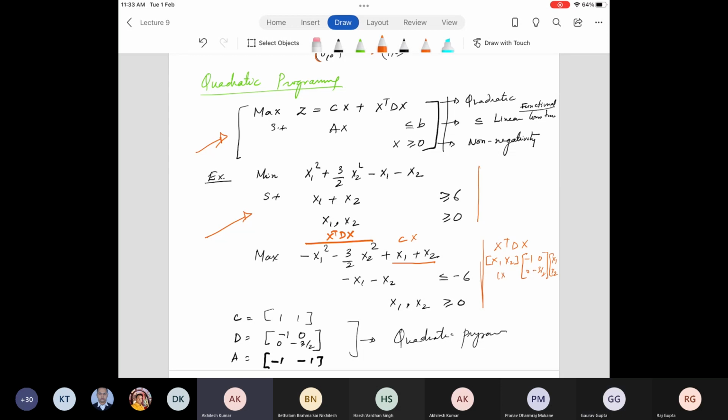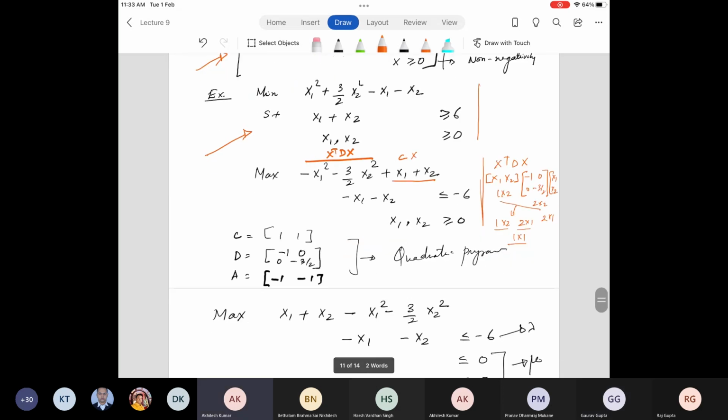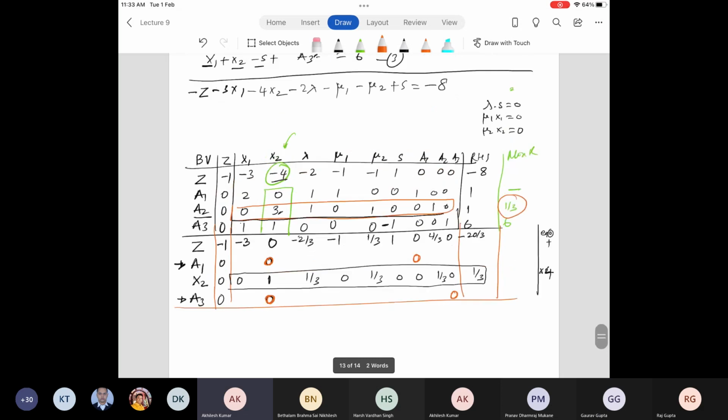This is 1 cross 2, this is 2 cross 2, and this is 2 cross 1. So 1 cross 2 into 2 cross 2 will give you 1 cross 2, and then 2 cross 1. 1 cross 2 into 2 cross 1 will give you 1 cross 1. That is your minus x1 square minus 3 by 2 x2 square. Okay, fine, sir. Got it. Thank you, sir. So now try to get these numbers.